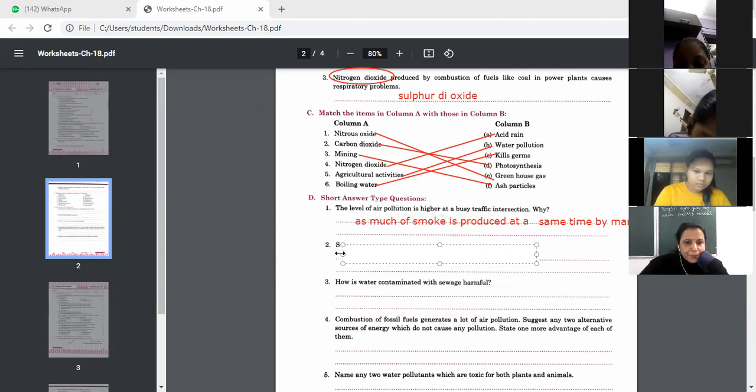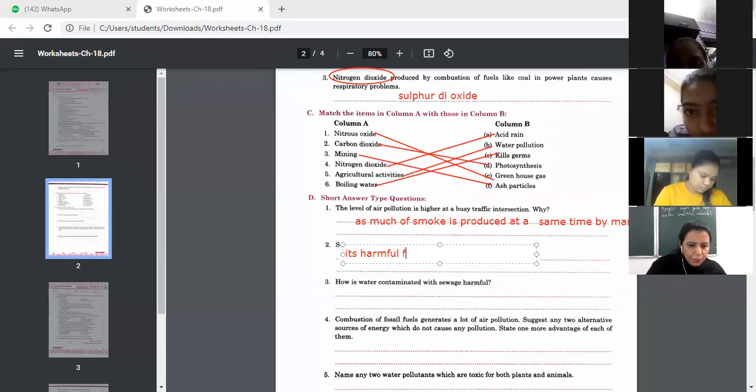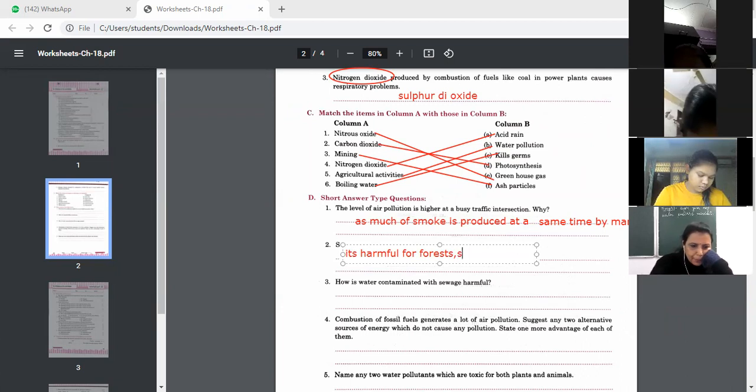Acid rain can be extremely harmful for forests. Acid rain causes direct damage to leaves. One more point. It is harmful for fresh water in lakes. Tell more. Acid rain removes basic nutrients such as calcium from the soil, which makes it difficult for trees to take up water.